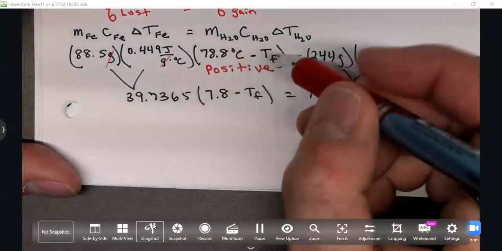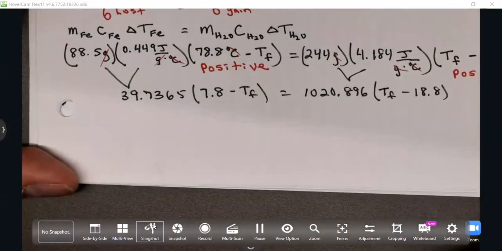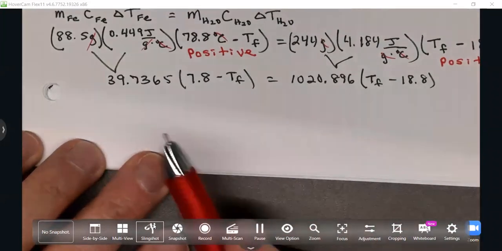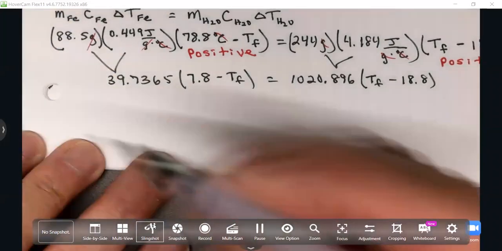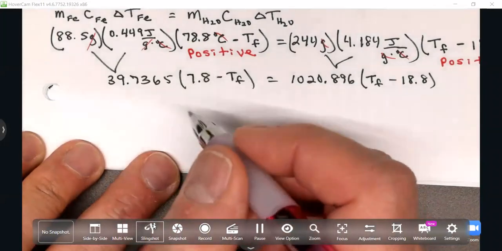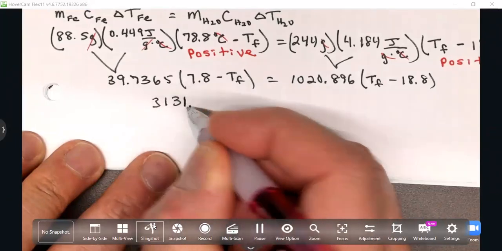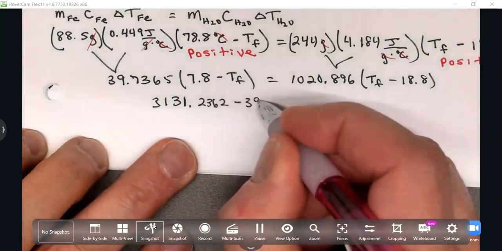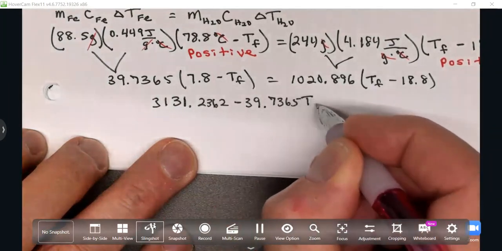Yeah, I could double check my units here, right? So now I can distribute this through. If I distribute this through, I'm going to end up with 39.7365 times 7.8. I get 31.2362 minus 39.7365 T final.